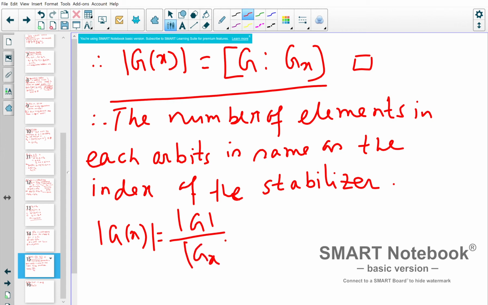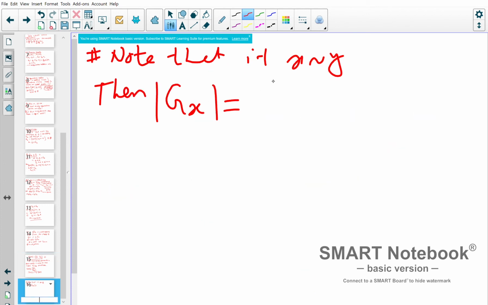This is the formula for the index. And hence the order of the stabilizer is nothing but the order of the group G divided by the order of the orbit.